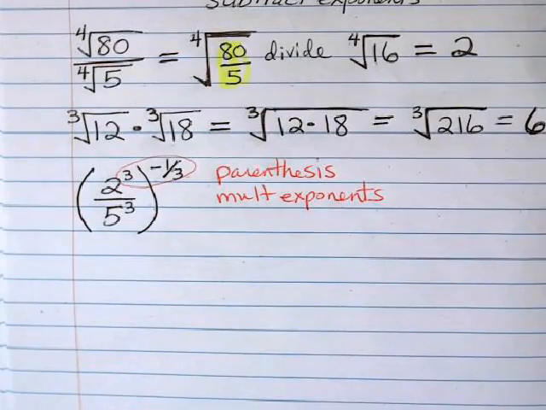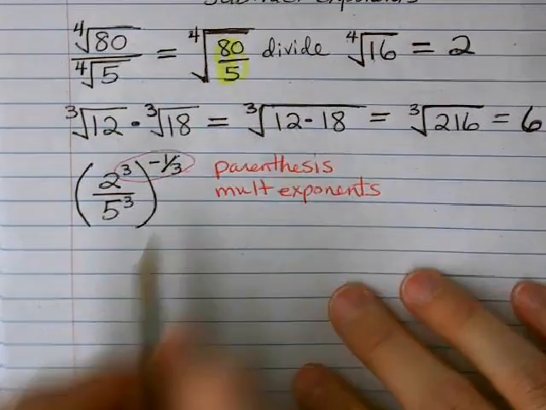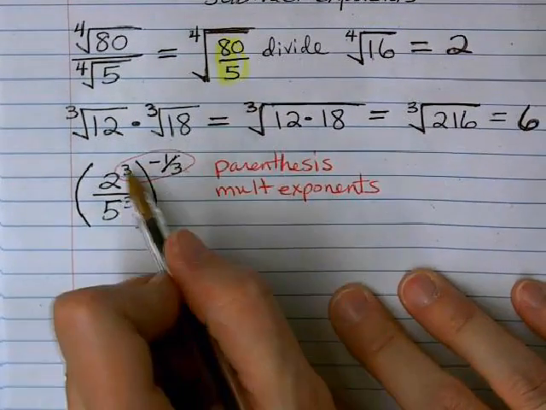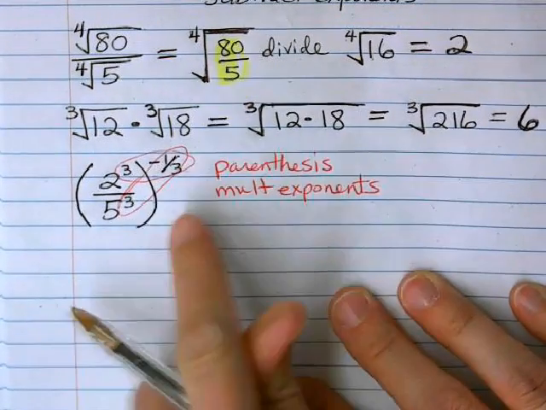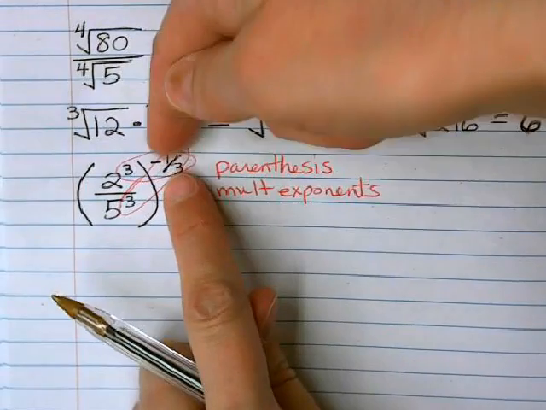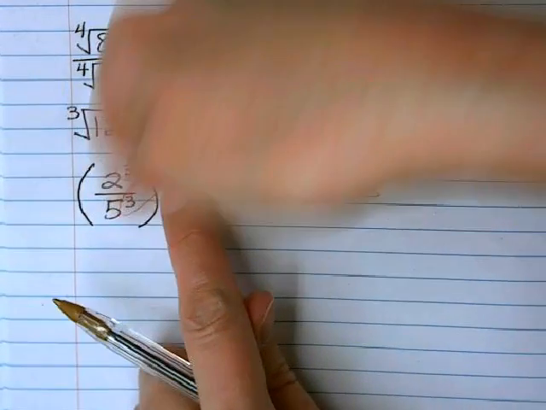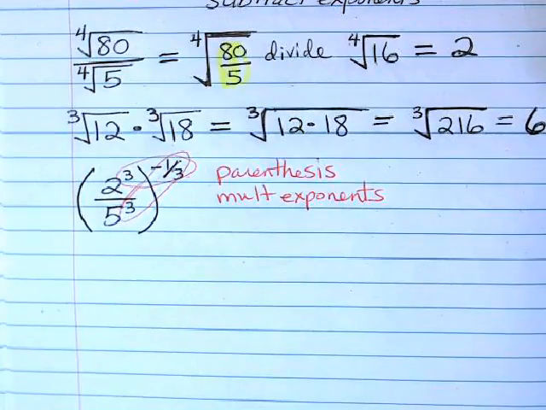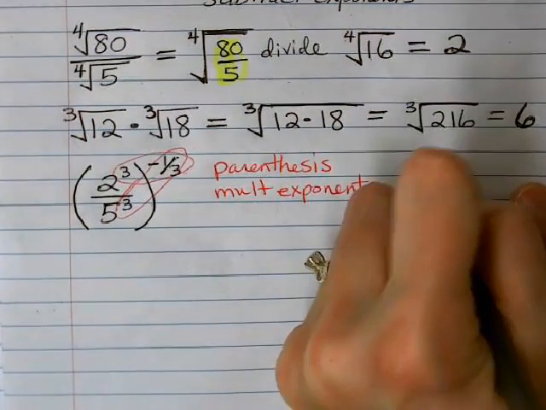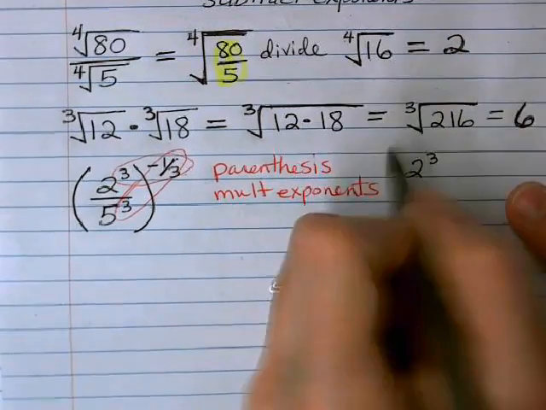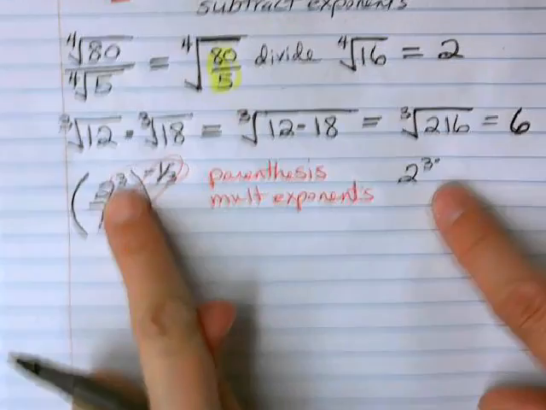And there's another number inside, this 5 to the 3rd, so we're going to have to multiply those also. The negative 1/3 power on the outside, you're going to have to times with both of those exponents on the inside. On the top, it was 2 to the 3rd. Literally that little 3, you have to times it by negative 1/3.